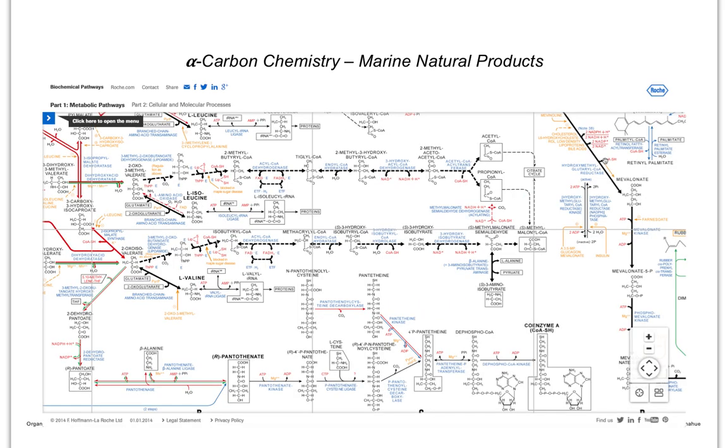So this is a screen grab from Roche, a pharmaceutical company. It's much clearer on the screen than it is on my iPad. So here's the acetyl coenzyme A right there.